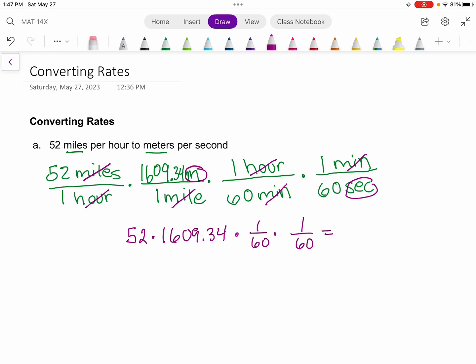And if I multiply this straight across, I would end up with 2,446.17 meters traveled in 1 second. And that would be my final answer. So this is one strategy.